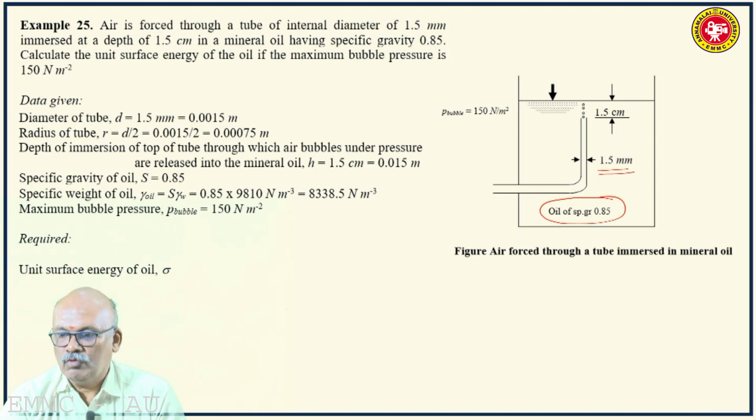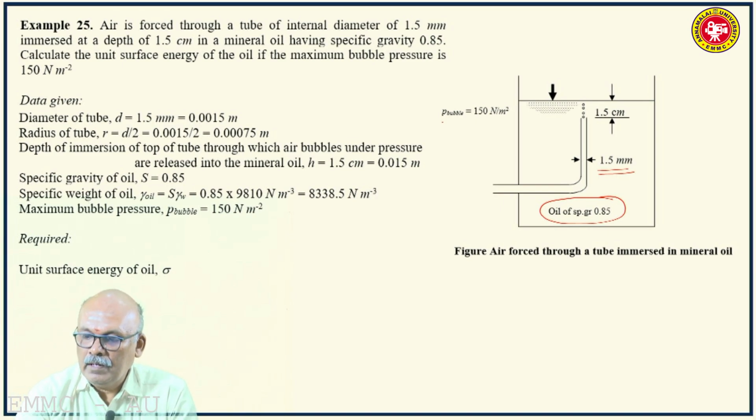That is the effective diameter through which air is forced, and the tip of the tube is immersed at a depth of 1.5 centimeter below the free surface. Calculate the unit surface energy of the oil if the maximum bubble pressure is 150 Newton per meter square.